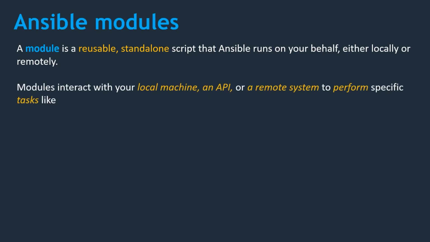Next, modules interact with your local machine, an API, or a remote system to perform specific tasks. Okay, so even if you want to do some installation or some activity on your local system, nothing but the Ansible control node, or on the remote system, it works.